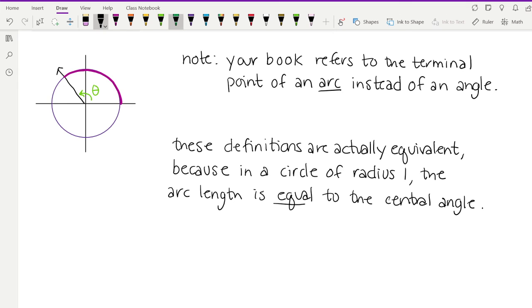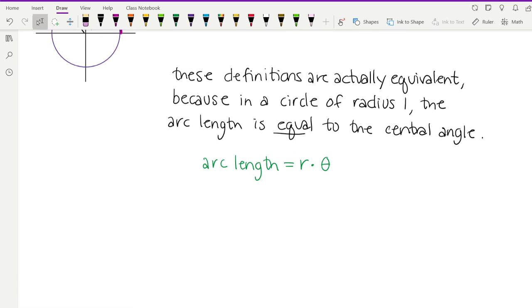To remind you, the arc length formula that we learned the other day was that arc length is equal to the radius of the circle you're looking at multiplied with the central angle of that arc. And in this case, if we're working with the unit circle, the radius is just 1, right? So you just get 1 times theta, which is just theta.